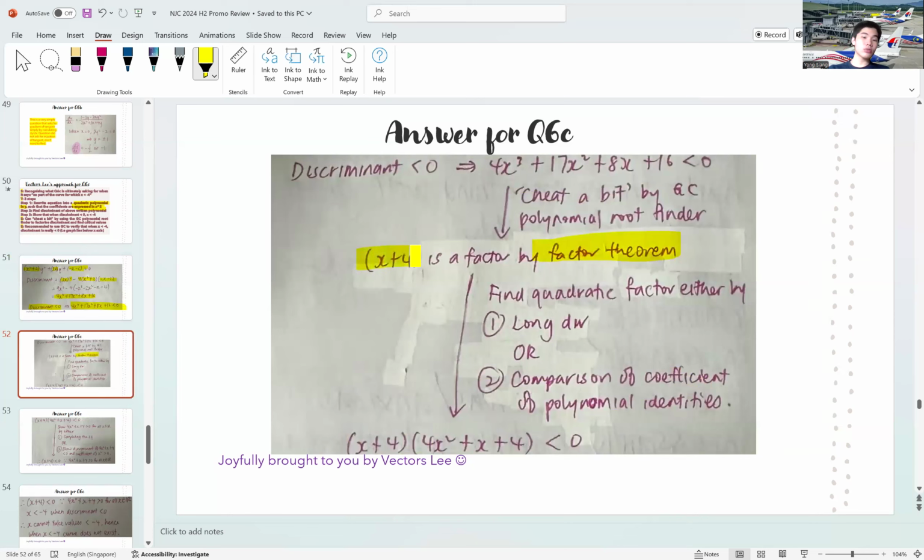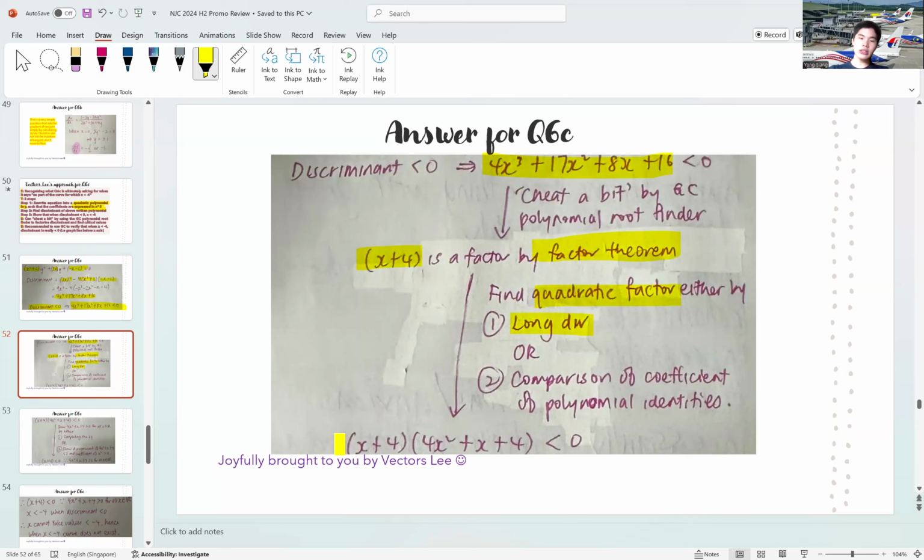So x plus 4 is a factor. Then you find the quadratic factor either by long division, where you divide the cubic expression by x plus 4, and then you can find the quadratic factor. Or you can alternatively do a comparison of coefficients, based on what you have learned in polynomials.